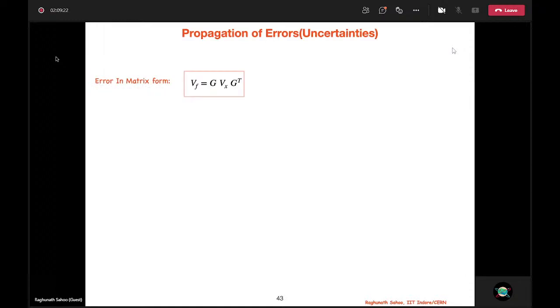So now with all these things, error in matrix form could be written as the matrix multiplication of G, Vx and G transpose. As you can see, I have taken Vx as an uncorrelated matrix because the errors are independent. So your diagonal terms will be sigma x square, sigma y square, sigma z square, and G transpose will be written in this way.